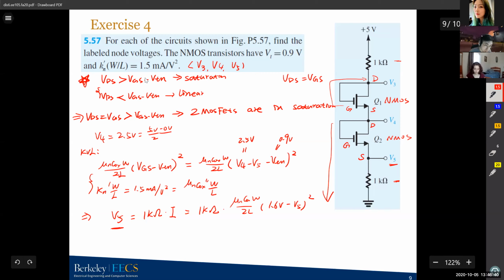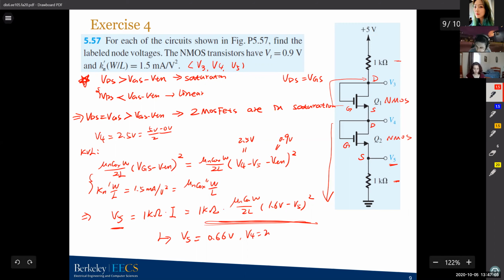So you have an equation of V5. You can just solve this second order equation, and you get V5 equals 0.66 volts.